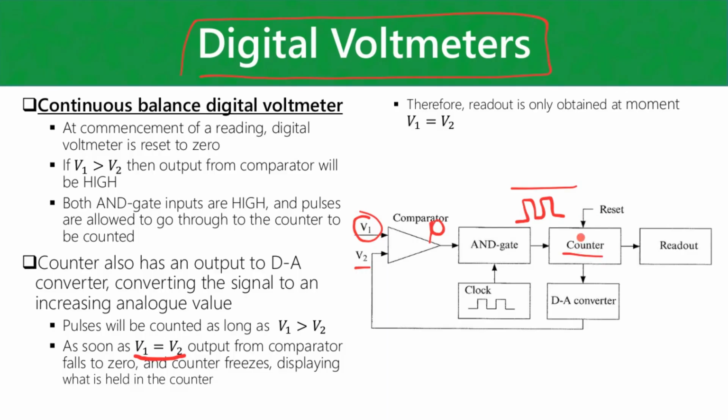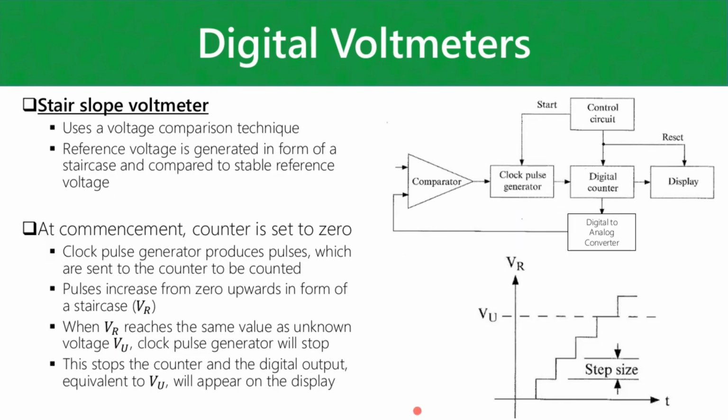So the counter is going to digitally store your V1 value, and that's then going to, through a driver usually, be shown as a readout, usually on some LED display.